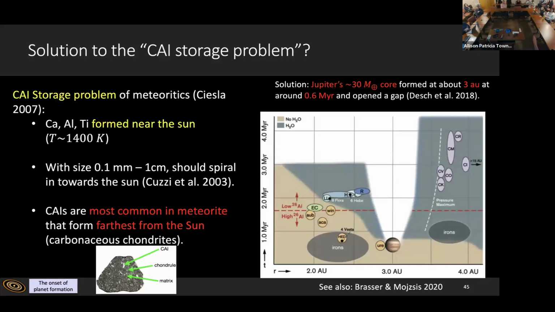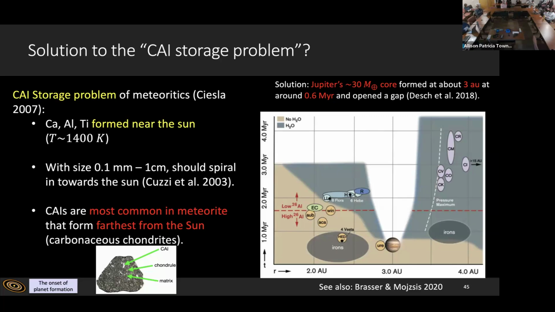So we talk about looking at these substructures as a way to find when planet formation possibly starts, and what other observational constraints tell us about planet formation. Another interesting problem is known as the storage problem of meteorites, a well-known problem in the solar system community.